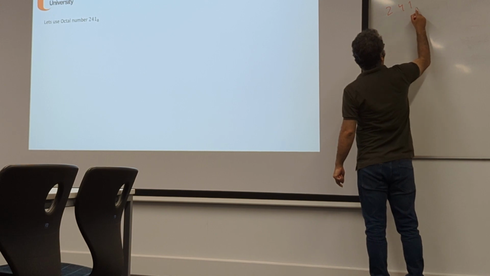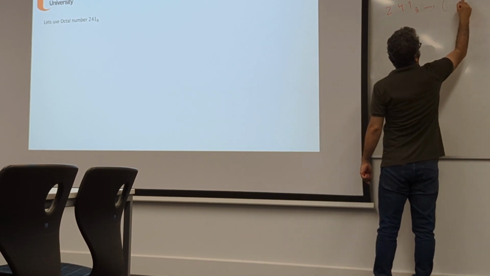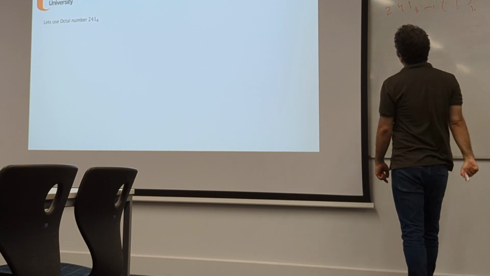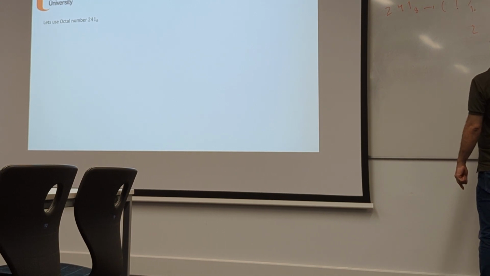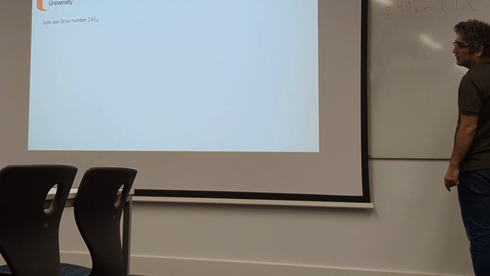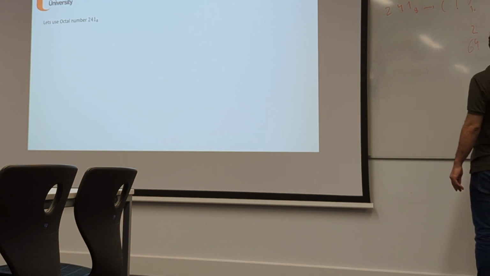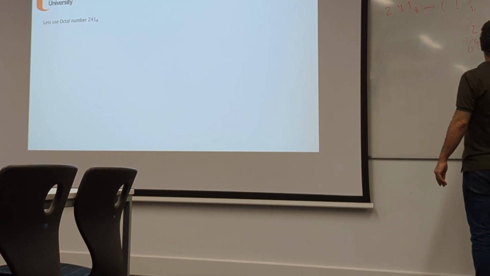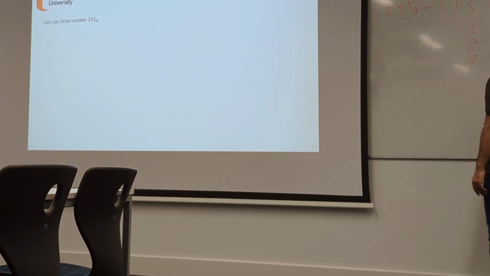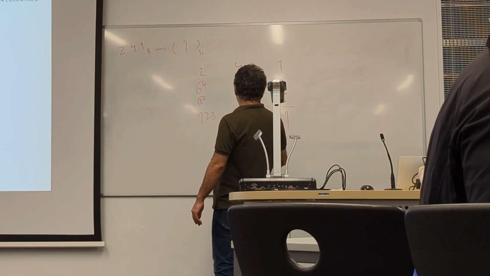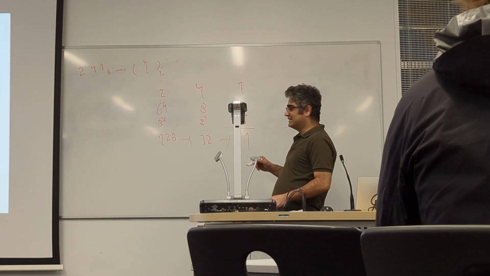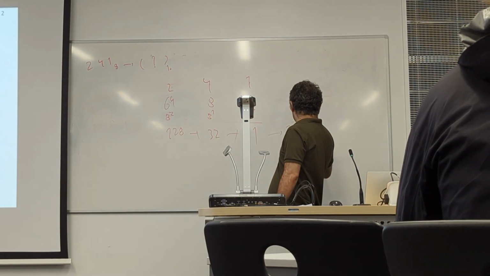Two, 4, 1 in octal, we want to find it in decimal. 2, 4, 1 with weights 1, 8, 64. 8 power 0, 8 power 1. So 1 times 1 is 1, 4 times 8 is 32, 2 times 64 is 128. We add them: 161 in decimal. Clear?